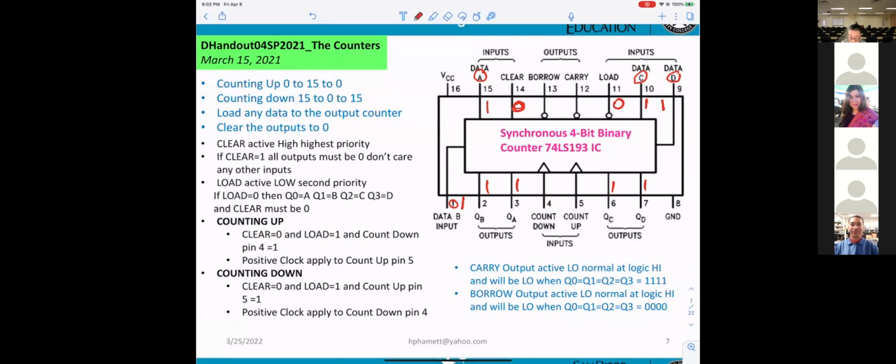That means you apply the clock into here, and this must be 1 for count up. One clock, they count one number. They can go 0 to 15 and back to 0 forever.